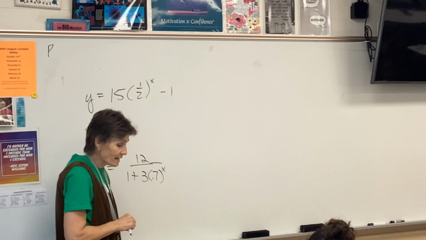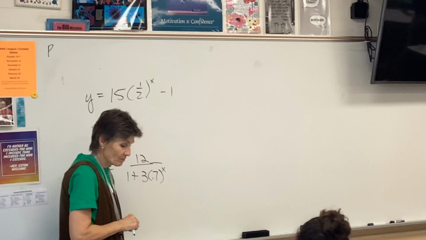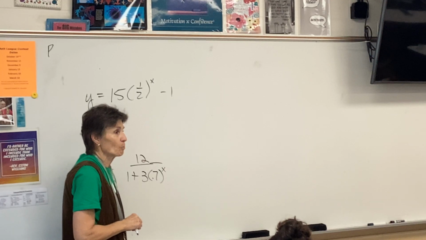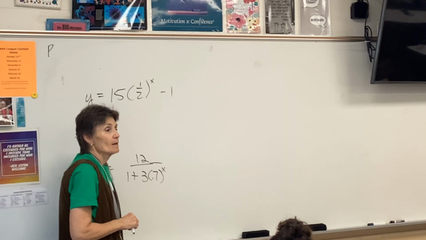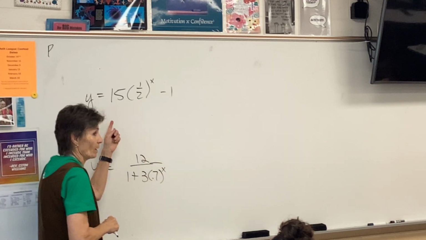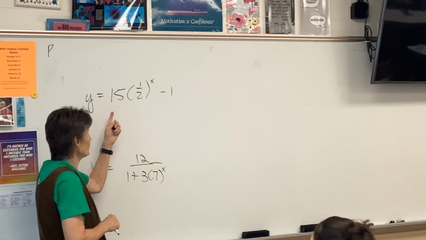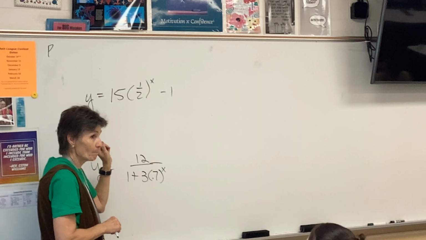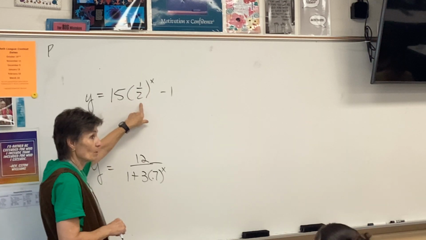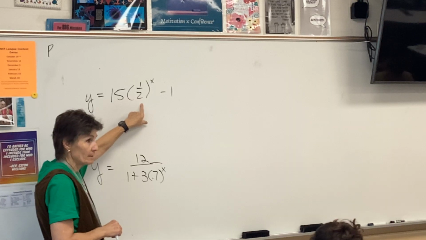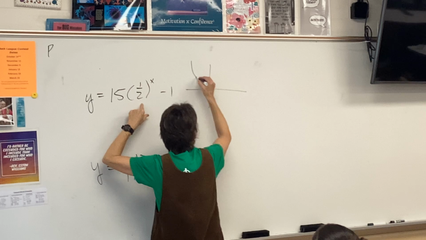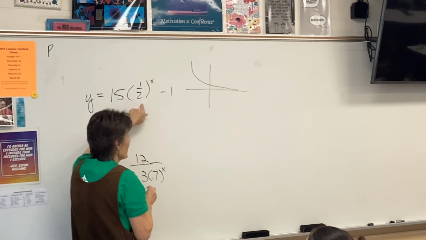Find the y-intercept and the horizontal asymptotes of these problems. Okay, let's start with this one. Would you agree this is an exponential? That number is less than 1, so would you agree this is exponential decay? Yes.